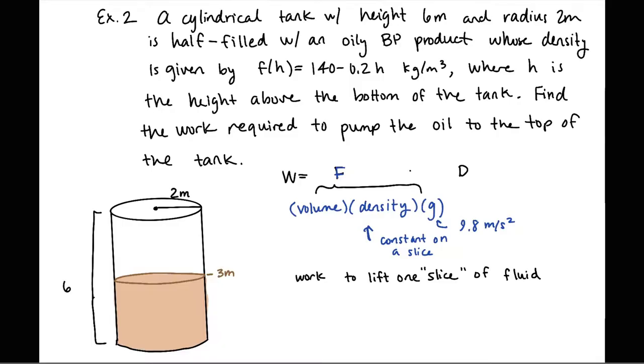And what we're going to do is, let's say we took this interval from 0 to 3. So it says the height, h is the height above the bottom of the tank. So h equals 0 here.